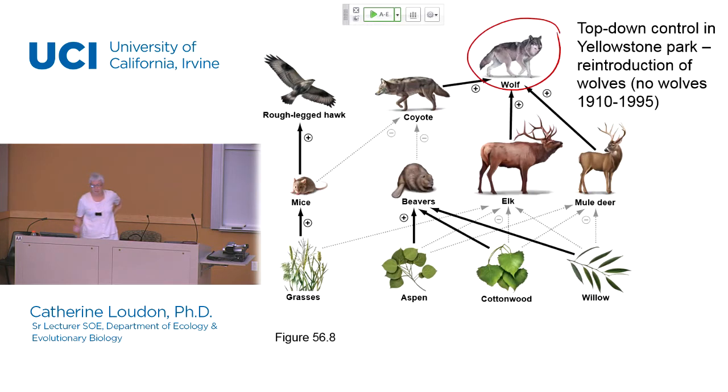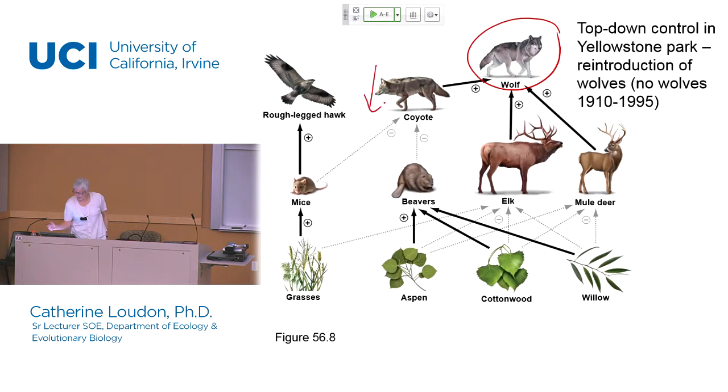Now, there were no wolves in this area for many decades, in the time period 1910 to 1995 or so, when wolves were reintroduced into the Yellowstone community because they used to be a natural part of this community. When the wolves were introduced, what happened to the various prey items that were then being consumed by the wolves?